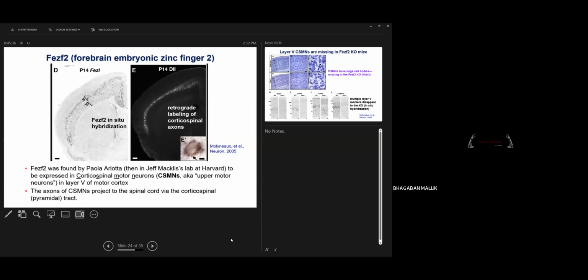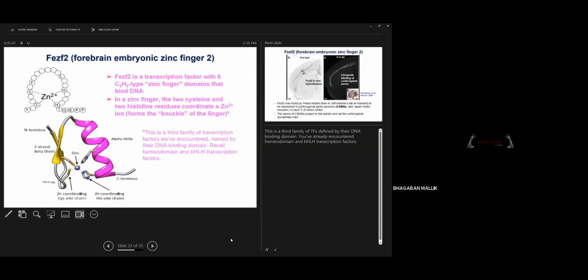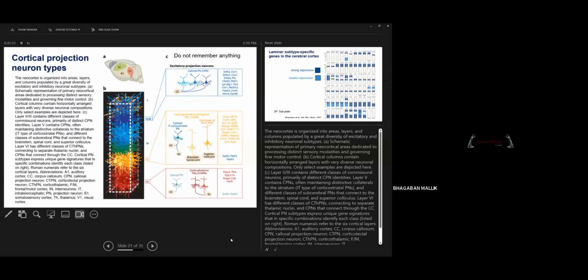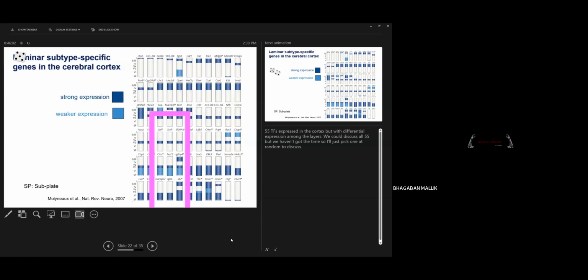So FEZF2 is mostly expressed in the layer 5, and in the layer 5 you have a special type of neuron that is called the corticospinal motor neuron. If I go to some of the previous slides, I was talking about the corticospinal motor neuron, CSMN. So this FEZF2 is mostly expressed in this type of neuron, in the layer 5.